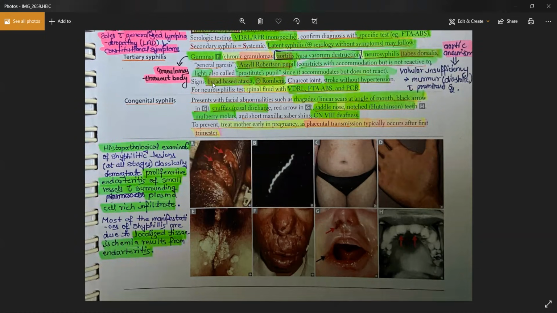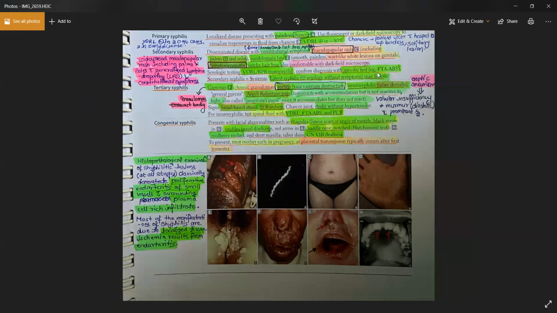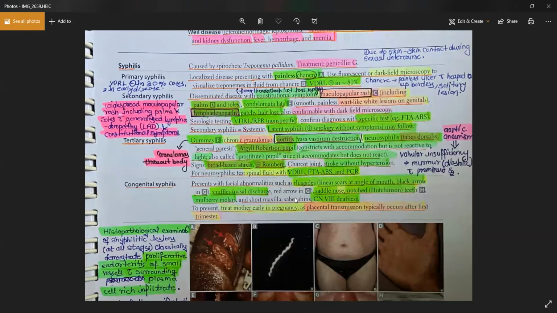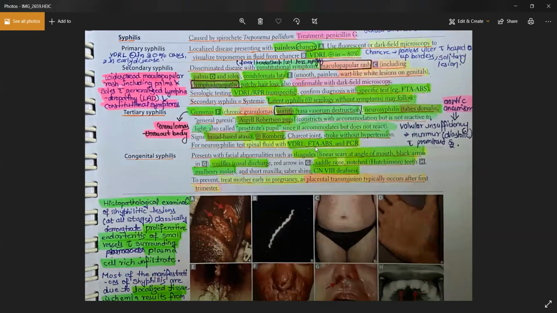You are not able to identify anything. Okay, and you can also get joint involvement, the Charcot joint, and you will get a stroke without hypertension. And for the neurosyphilis, because it is involving your brain, it will infect your CSF. So what you will do is the CSF test or the spinal fluid test.